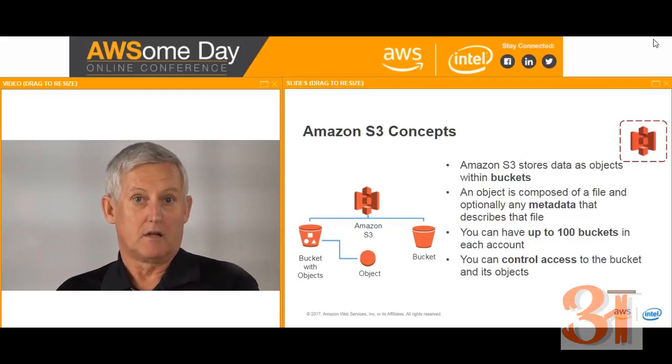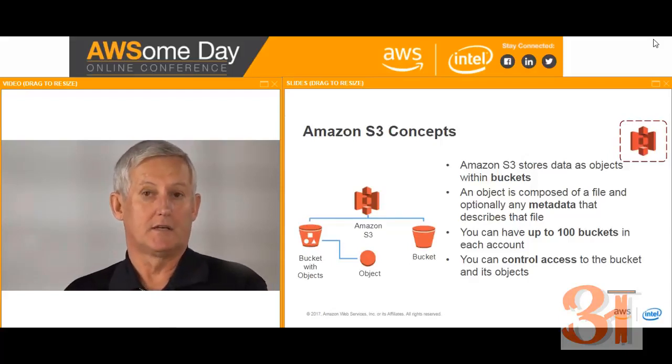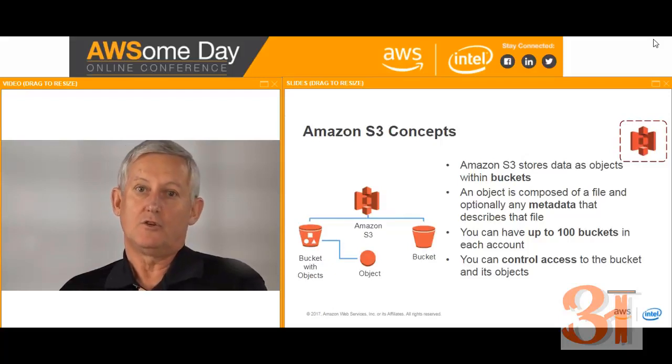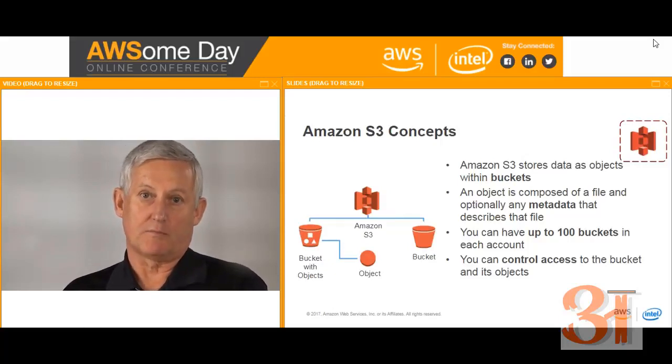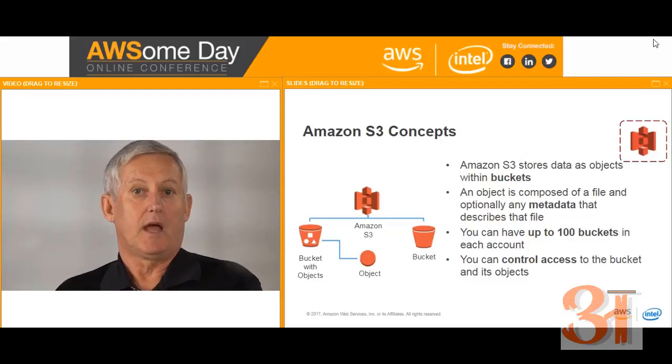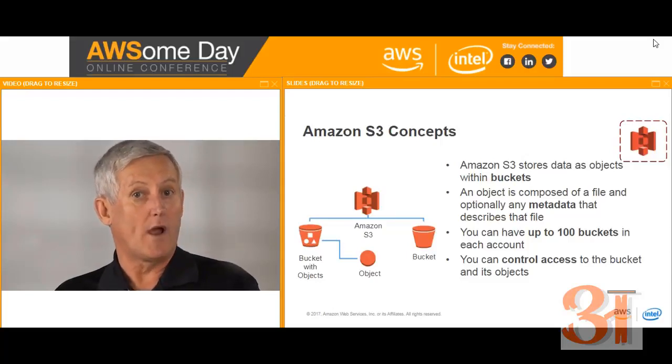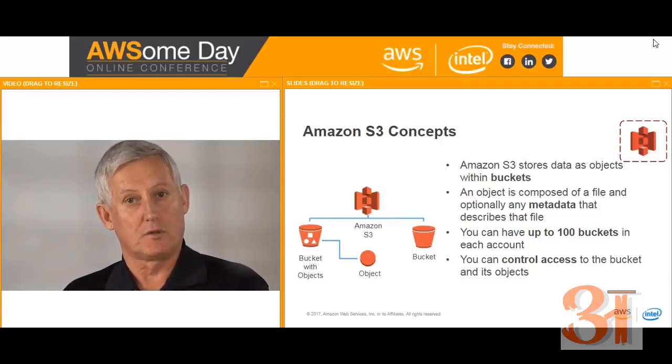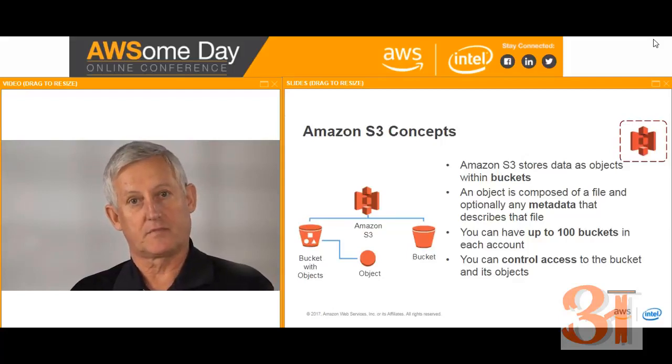For each bucket, you can control access. In other words, who can create, delete, and list objects in the bucket. You can also view access logs for the bucket and its objects, and choose the geographical region where Amazon S3 will store the bucket and its contents.